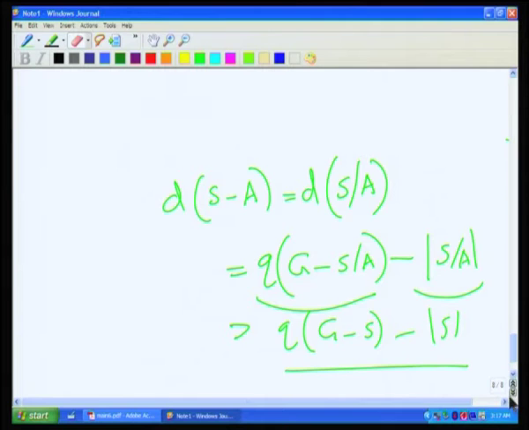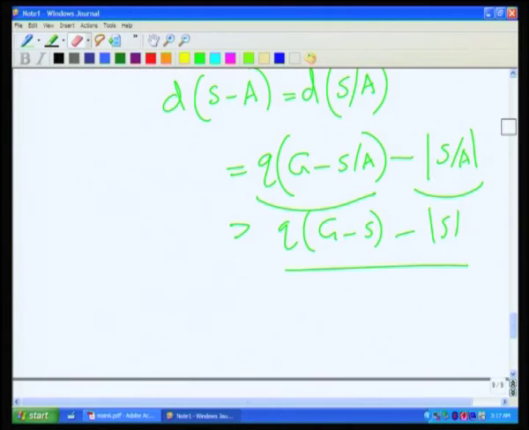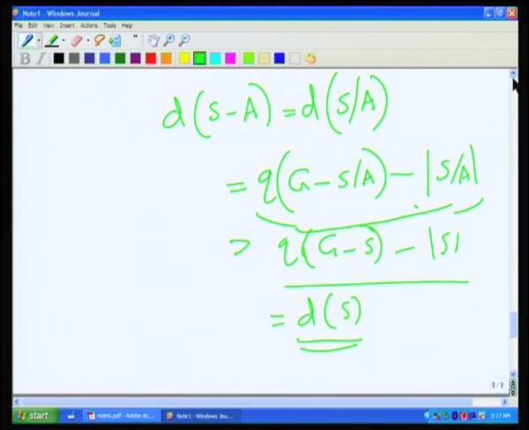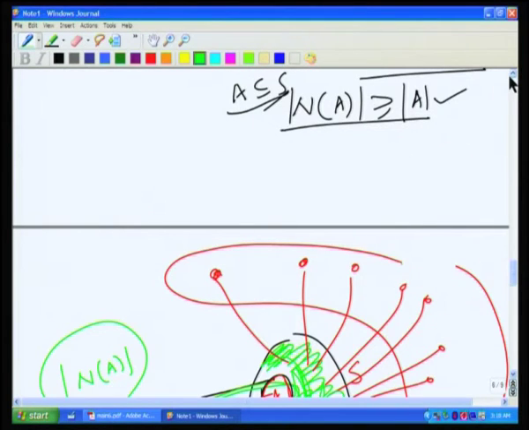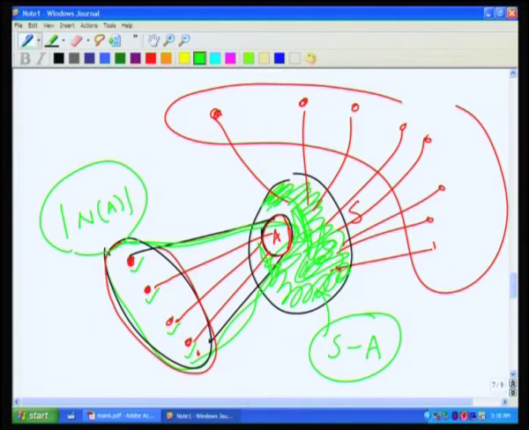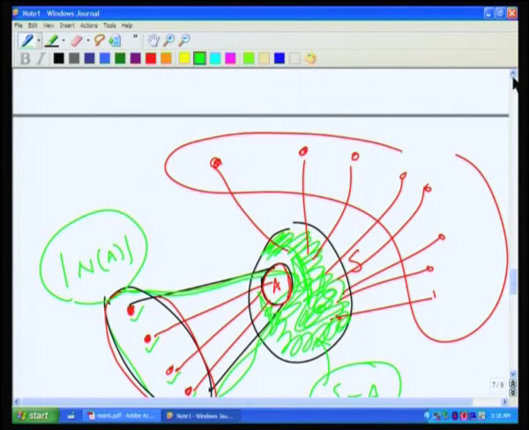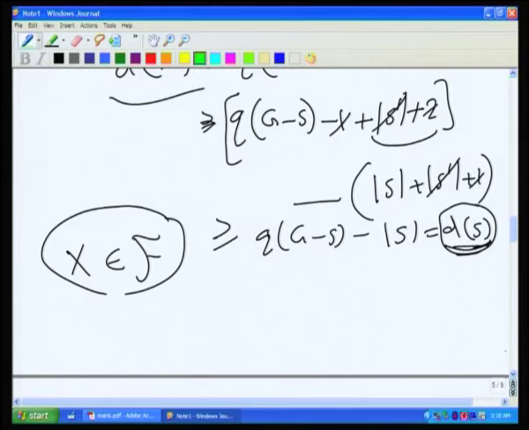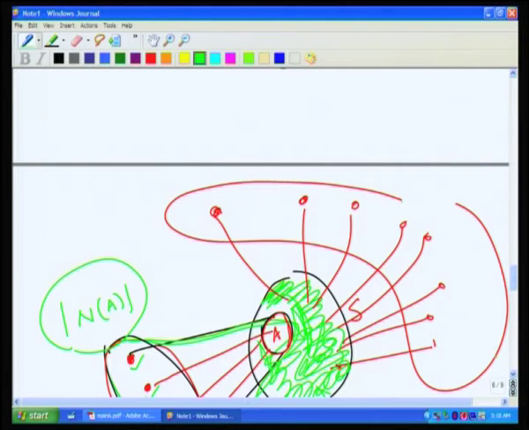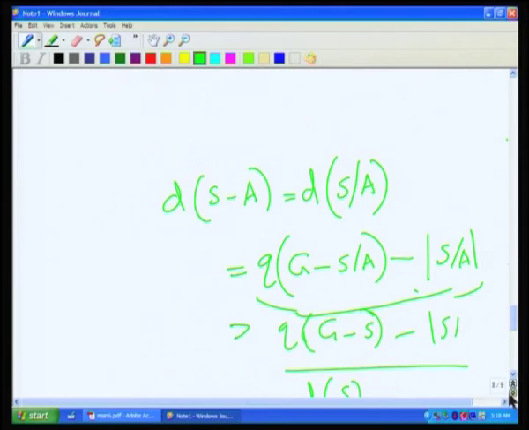This quantity is d of S, and we know this is supposed to be the biggest, but when we consider S bar A, its d of S bar A became bigger than that.